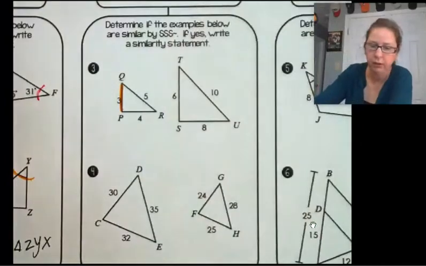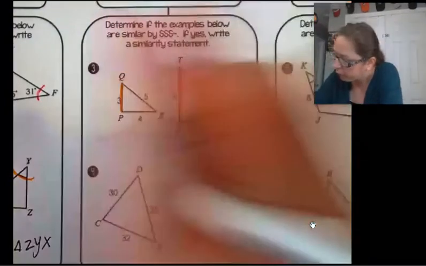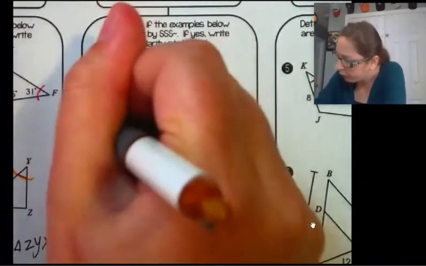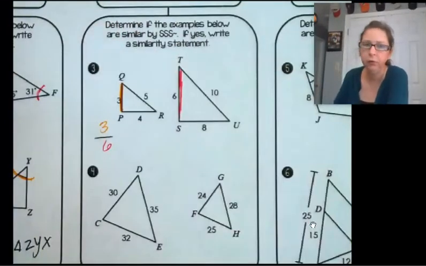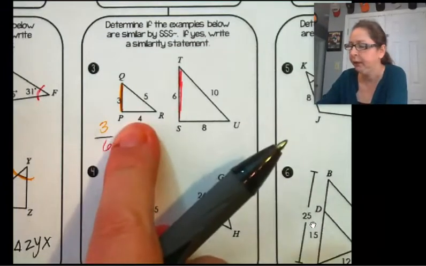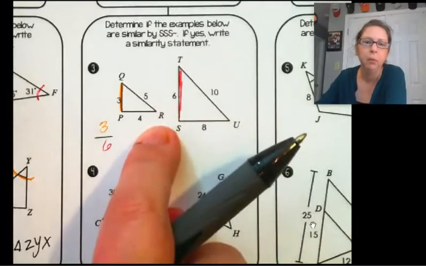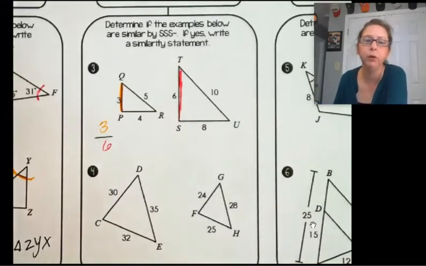I'm going to use a different color. So orange and red. I'm doing the 3 first. It didn't tell me which way to do this. I could do 6 over 3. That's fine, as long as I do little to big or big to little. All we're trying to do is determine if they're similar, so it doesn't matter which one you do first in this case.